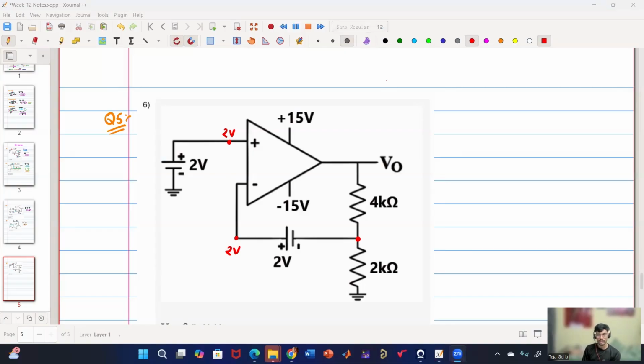What about others? This simple question, I am not sure why you people have so much confusion. So we have a voltage source of 2 volt. Left terminal is at 2 volt. What will be the voltage of the right terminal? Nandini says 4 volt. Okay. We have so many answers, but not the right answer.